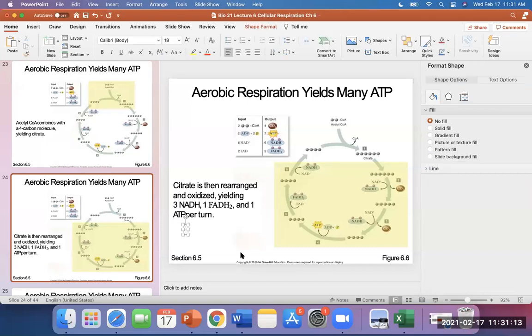So how many NADH are going to come out of the Krebs cycle total for 1 glucose molecule? Six. Jacqueline said 6. So you get 3 NADH per turn, but it happens twice because you have 2 pyruvates. So you're going to get 6.